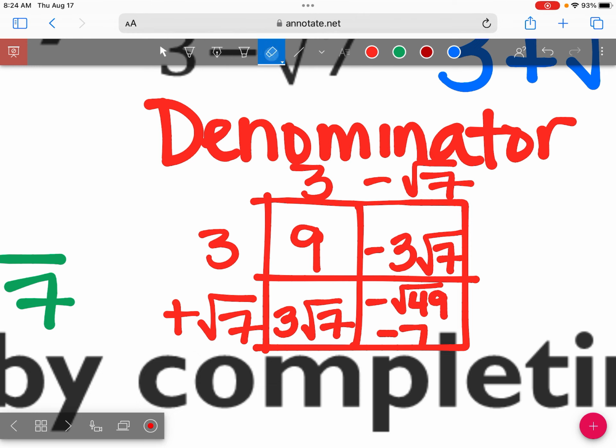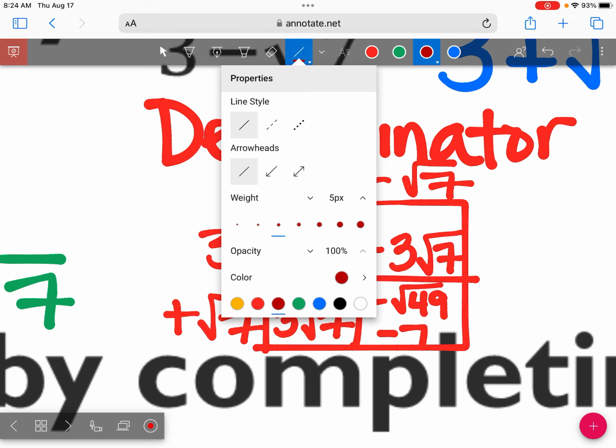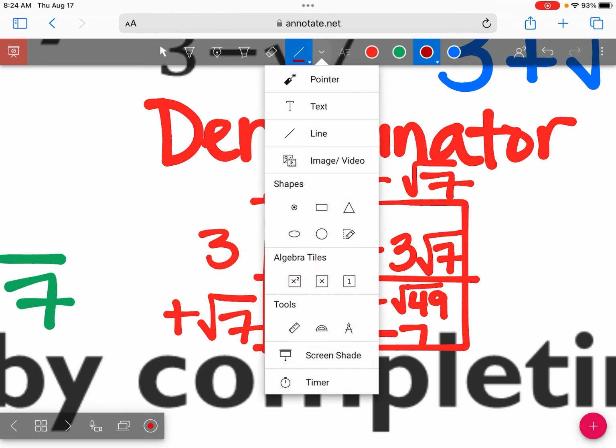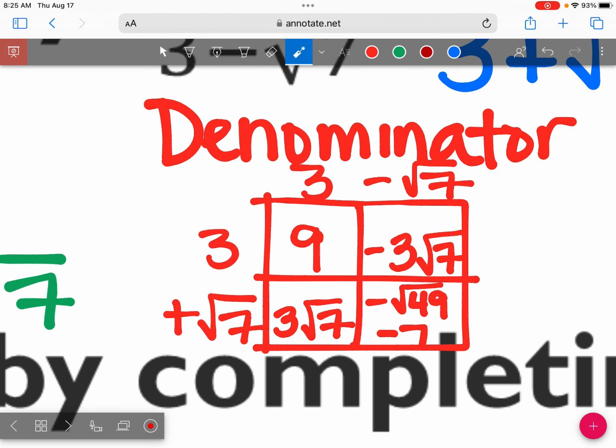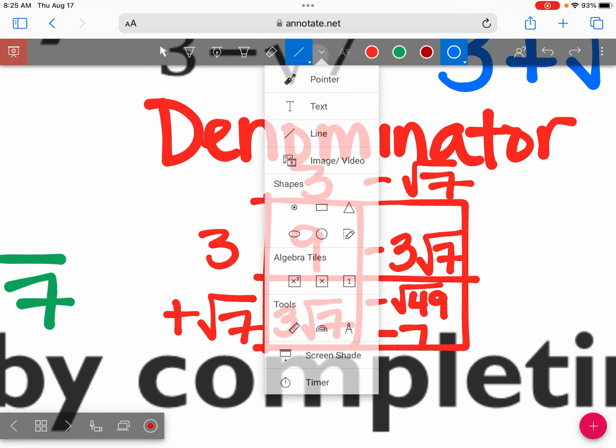So notice that these two terms are opposite, so they're going to cancel. Oops, that's the wrong thing. Hold on.